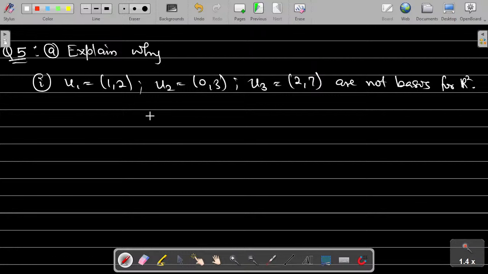Okay, so of course, by definition, let me also try to write the second part. The second part is also almost the same.